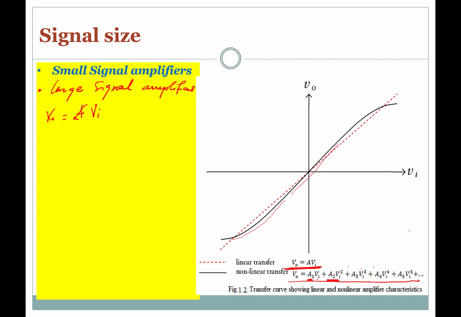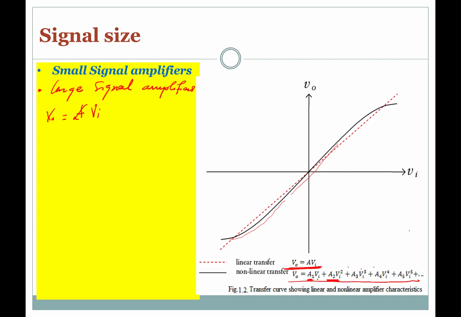The individual coefficients A1, A2, A3 are the constants for a specific amplifier. So amplifiers are inherently nonlinear. Very often amplifiers would not be linear. You would only have amplifiers being linear in an ideal case. This means that the amplifier has a gain which depends on the signal amplitude or the frequency.